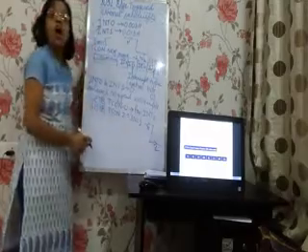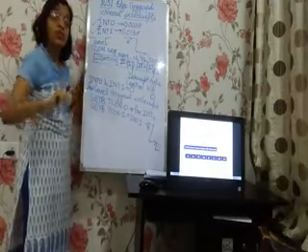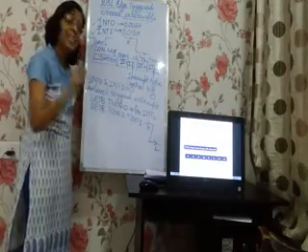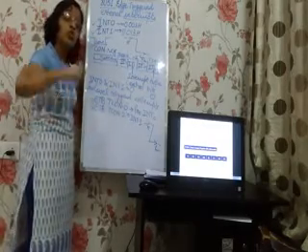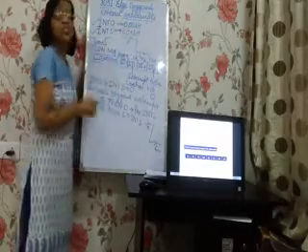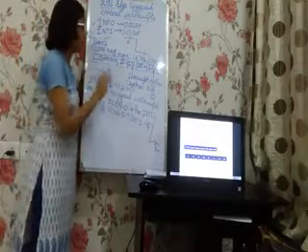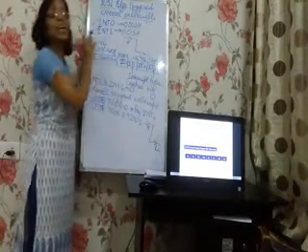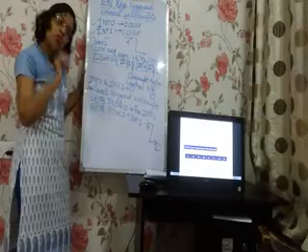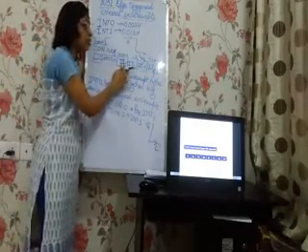On the falling edge, the microcontroller will be interrupted and forced to go to either of these two addresses, 0003 or 0013, where the interrupt service routine for INT0 and INT1 is stored. It will go there and execute the ISR. So, understood the use of IT1 and IT0?